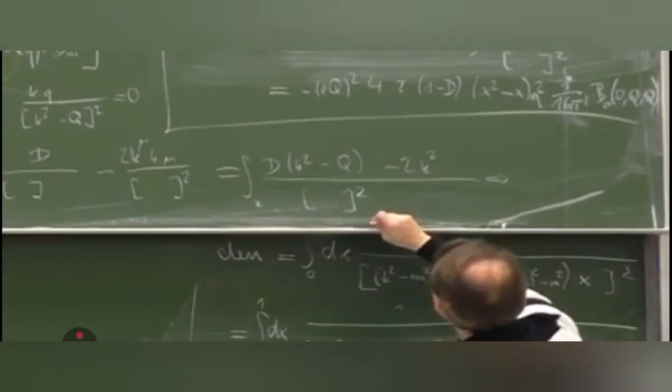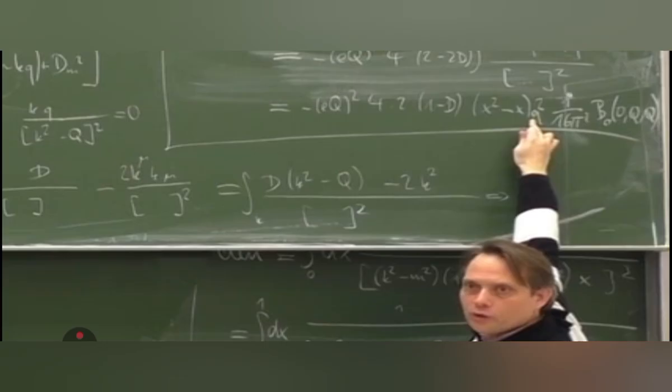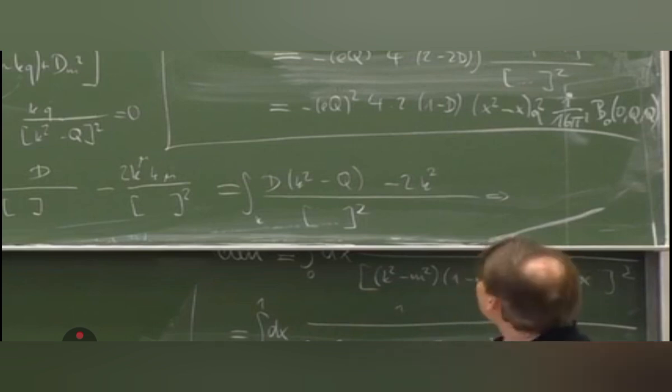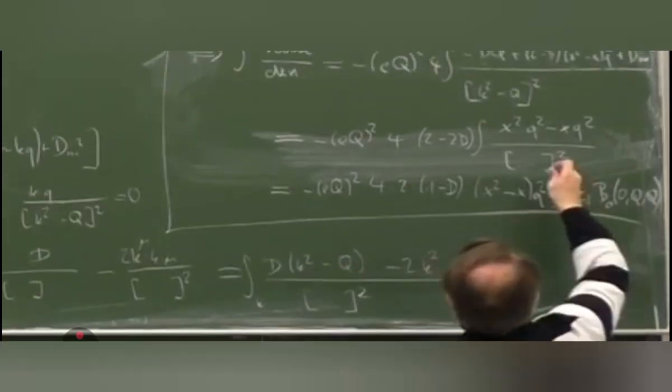And the prefactor also contained exactly this. The prefactor contained 1 minus d and q square. So we can directly read off from this not only the self-energy sigma, but the vacuum polarization pi gamma. Yes? Okay, that was always kind of included.